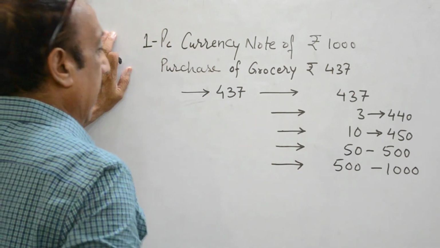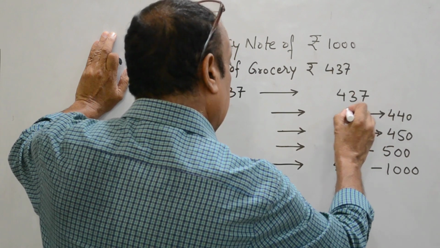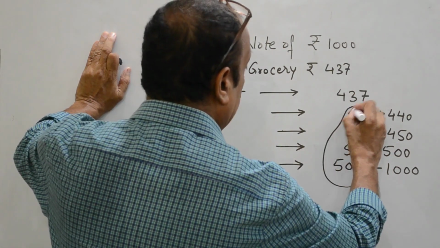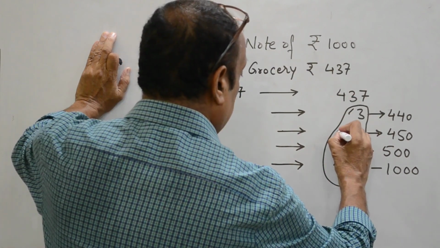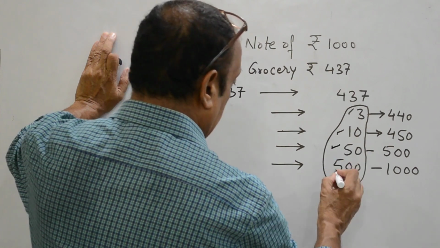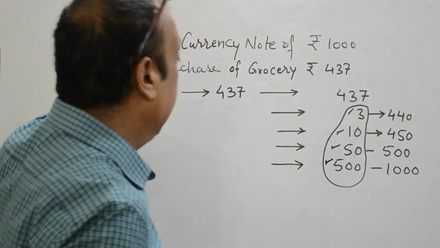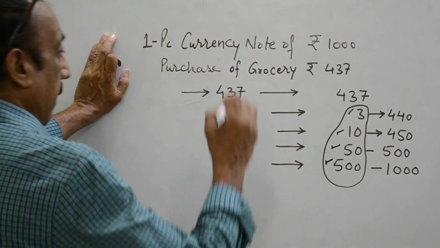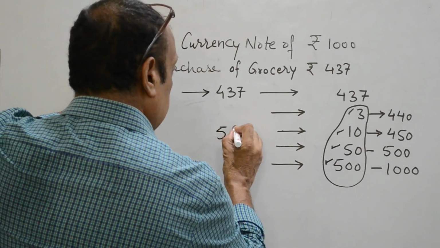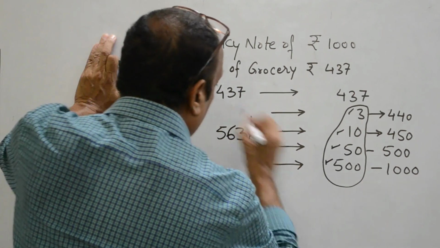So here he has not done subtraction, he has done addition. First he added rupees 3, then 10, then 50, and in the last 500 rupees. Without doing any subtraction, he has paid the balance amount of 563 rupees to the customer.